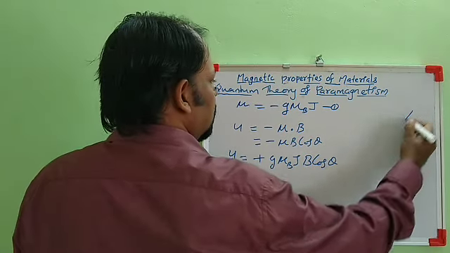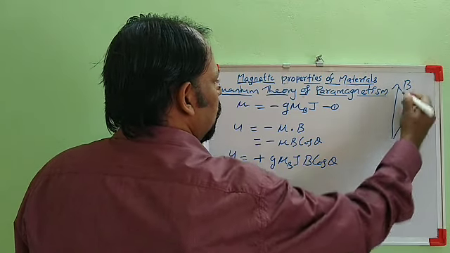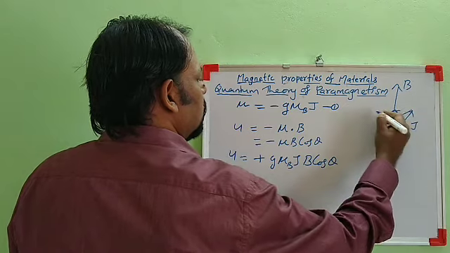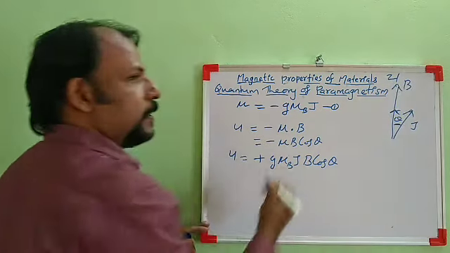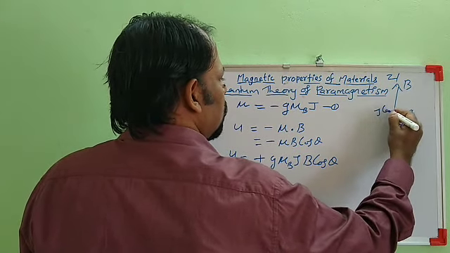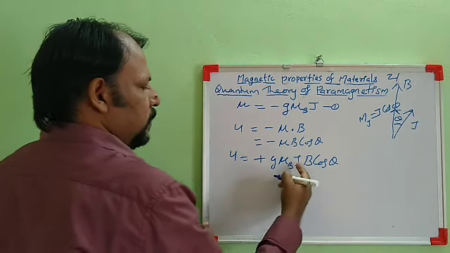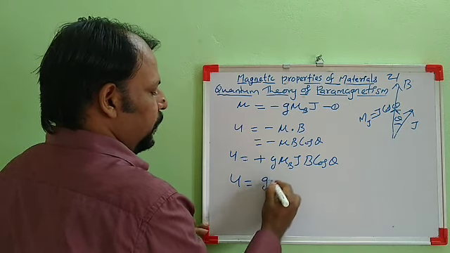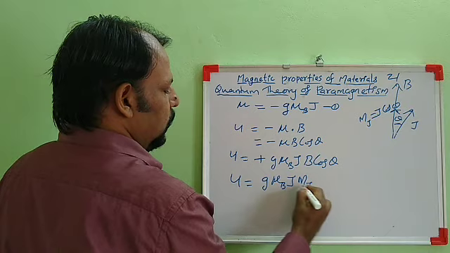We have already seen that the projection of J along the direction of the external magnetic field, which we are taking as the Z direction, is J cos theta, and J cos theta is nothing but Mj.